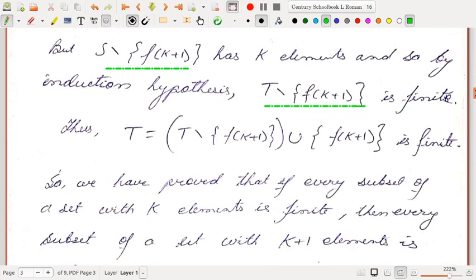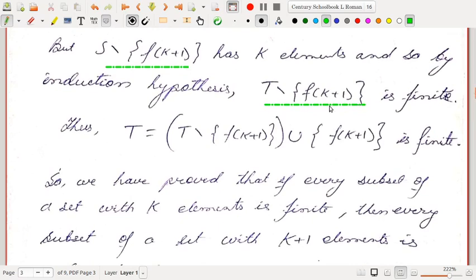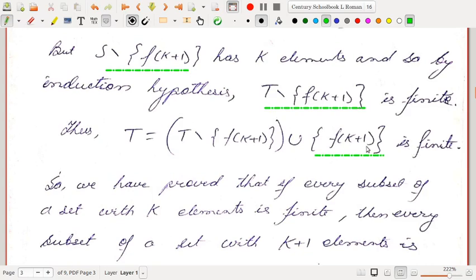And in the last lecture we had also done another theorem: if A and B are two finite sets which are disjoint, then their union is also finite. So T minus f(k+1) union with f(k+1) is finite, but what is this union? Their union is nothing but T, so T is finite.